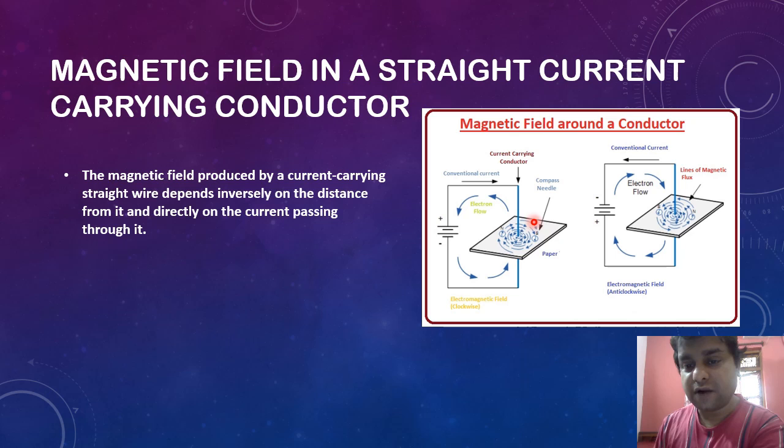So right here outside, the magnetic field will be less because the distance is more. Right over here, where the distance is less, the magnetic field will be greater. That is what it means. On the other hand, the strength of the magnetic field depends on the current passing through it. So the greater the current, the greater will be the magnetic field. That is what the statement means.